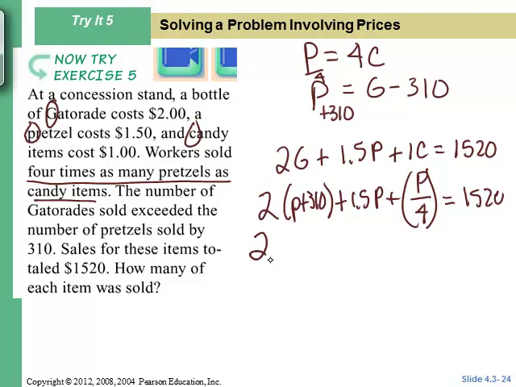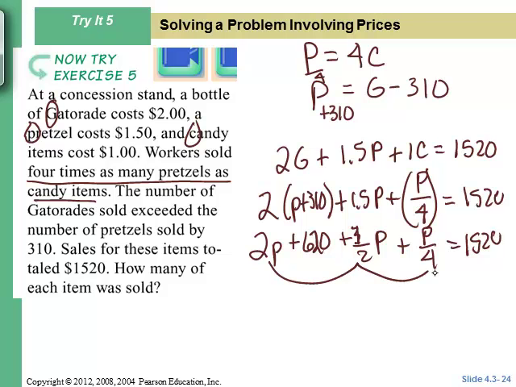So we have 2p plus 620, plus let's write it as 3 halves P plus P over 4 is 15.20.